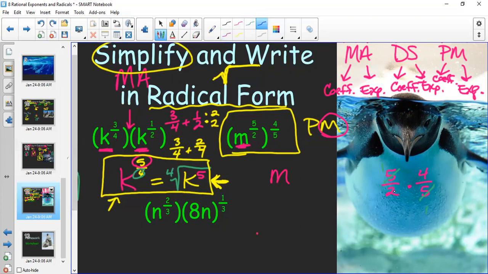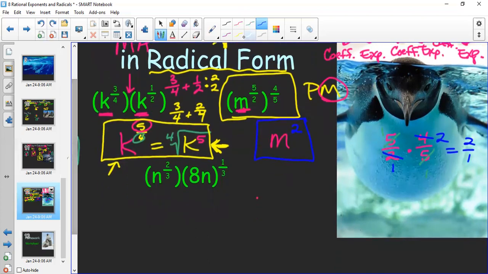I can cancel out the 2 and the 4, make it a 1 and a 2. So this ends up being 2/1, or 2. So m to the 2nd power. And if I have to write that in radical form, I really can't, because I don't have a fraction exponent. So my answer would just be m to the 2nd power.